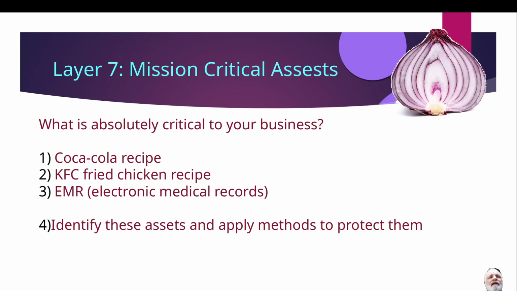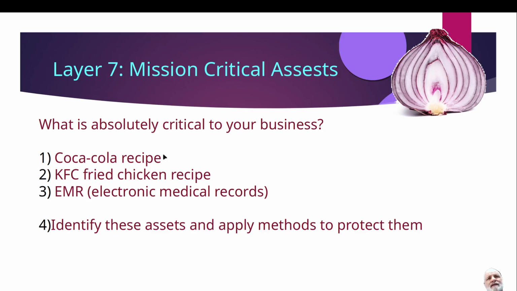And then layer 7 is looking at mission critical assets. When you think about your business, there are certain things that you do that make you unique. I have a couple of examples here, like the Coca-Cola recipe or the Kentucky Fried Chicken recipe, right?